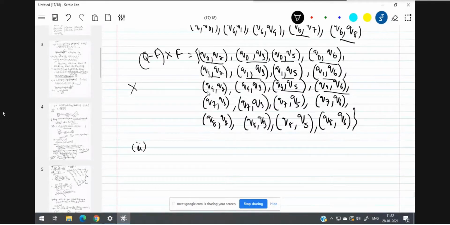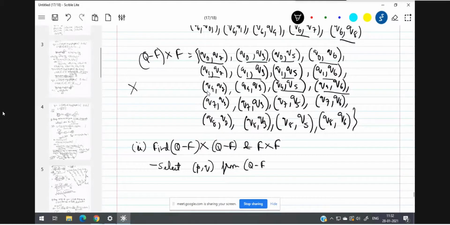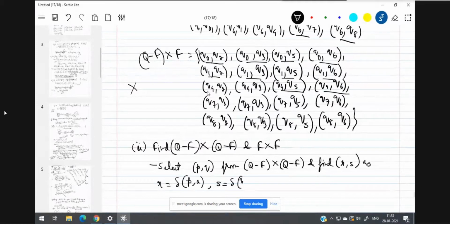Step number 3, Roman number 2: find Q minus F cross Q minus F and F cross F. Then select P comma Q from Q minus F cross Q minus F and find R comma S as R is equal to delta P comma A, S is equal to delta Q comma A.